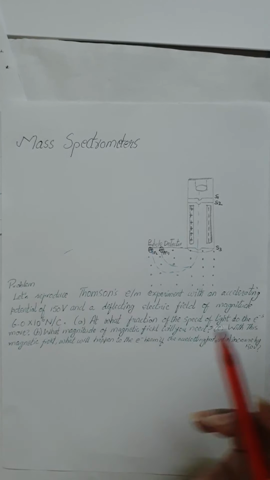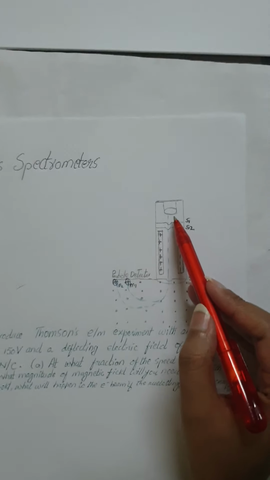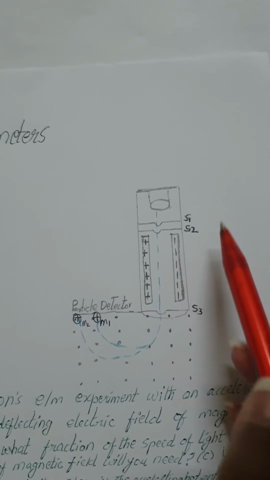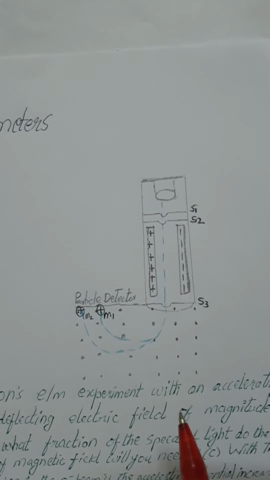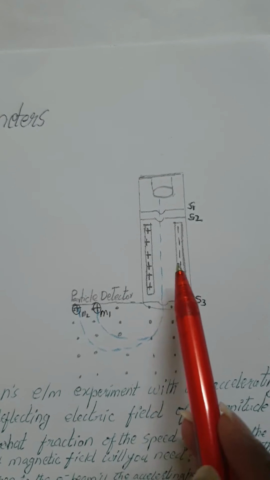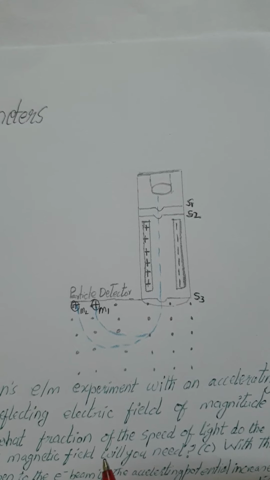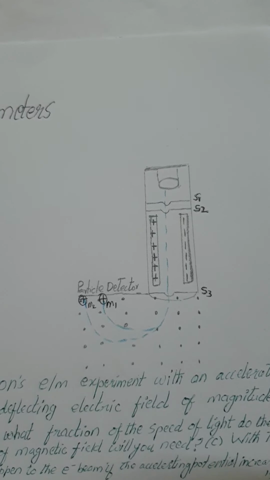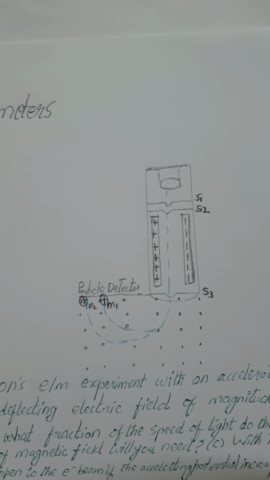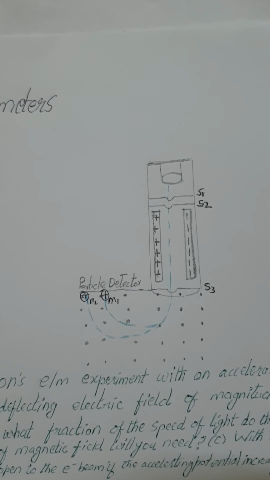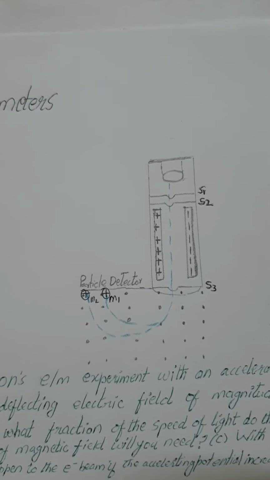Here positive ions from a source pass through the slits S1 and S2, forming a narrow beam, and these ions pass through a velocity selector with crossed electric and magnetic fields, as we already discussed in previous cases.